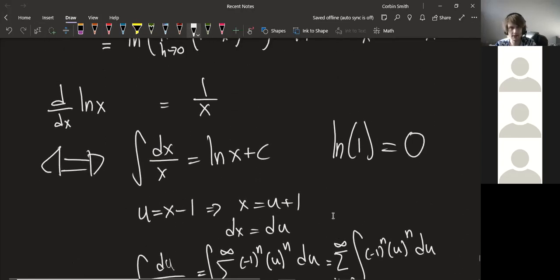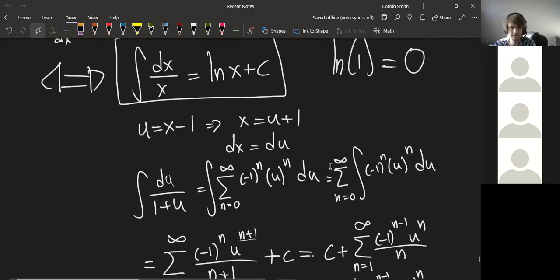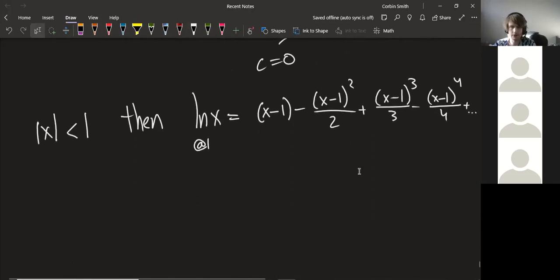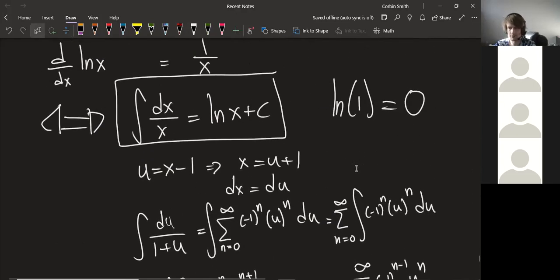So yeah, you should always be thinking natural log whenever you see an integral like this. I'll give you a minute to ask any questions if you want before I move on, if you want me to elaborate on anything.